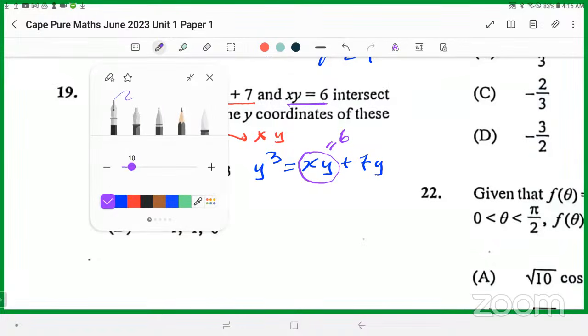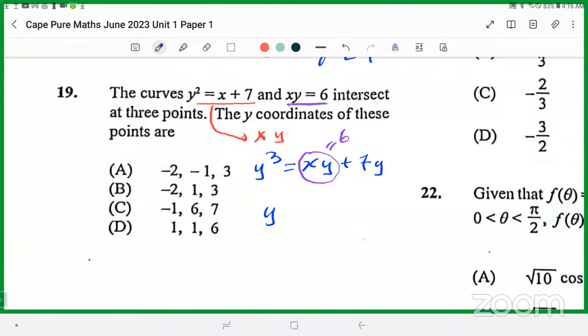So the equation becomes y cubed equals 6 plus 7y. I'm not going to work out everything, I'm not going to solve this. I'm going to use trial and error as a process of elimination to get my answer.